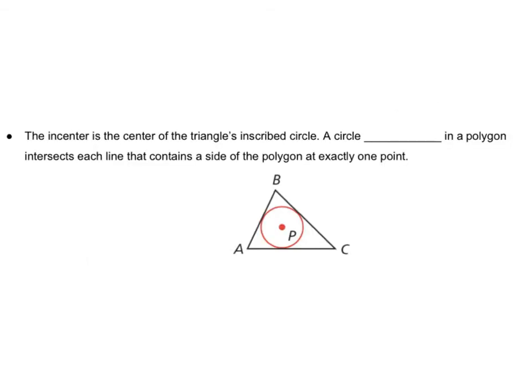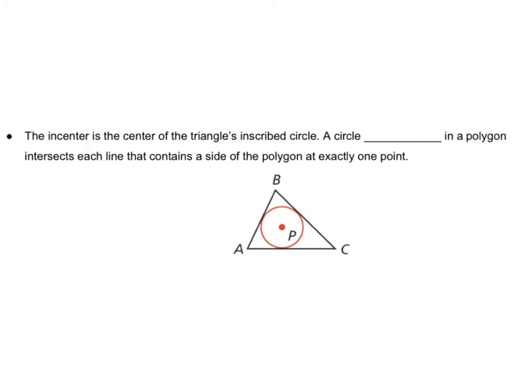All right, now let's look at a circle. When we have an in-center, we actually have an inscribed circle, so it's inside the triangle. It says the in-center is the center of the triangle's inscribed circle.